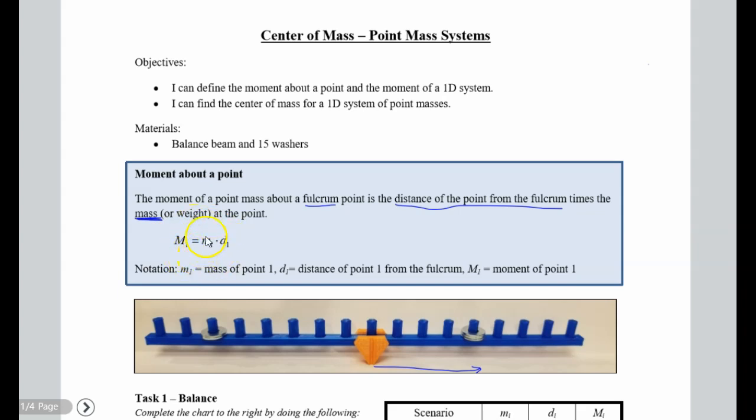This is something that you likely have not encountered before, but this definition of moment is the tendency to rotate around this central point right here at the fulcrum. If you have a positive moment, that means the positive side is going to be moving down. So weight over here means this is going to tend to rotate down.